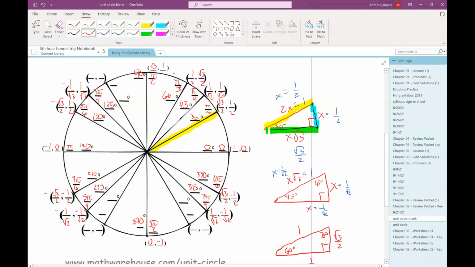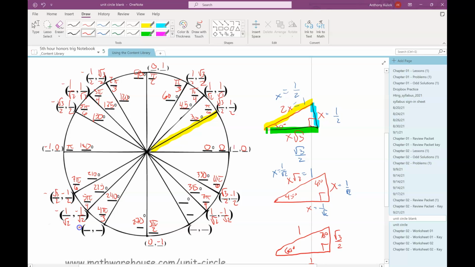And then we'll go ahead and move around our circle. So in the second quadrant, the x is negative and the y is positive. And that would be 120 degrees, or 2 pi over 3. And the next spot here is 240 degrees, or 4 pi over 3.